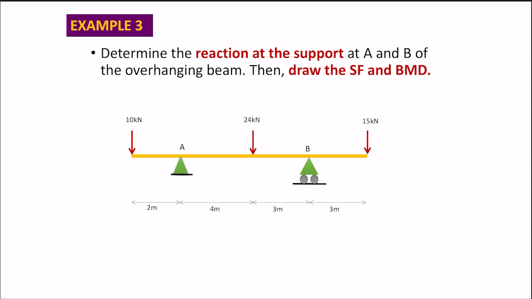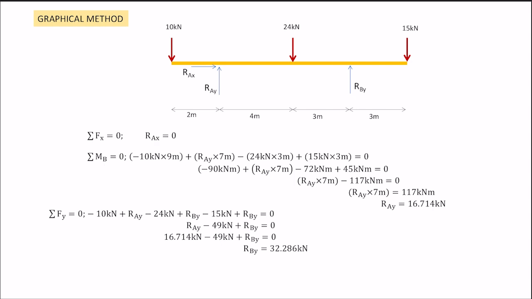For this example, I will show both the graphical method and the sectional cut method. First, kita akan dapatkan reaction dulu. Since at A it is a pin support and at B it is a roller, the free body diagram shows that at A there is a reaction arah Y and a reaction arah X. How about B?